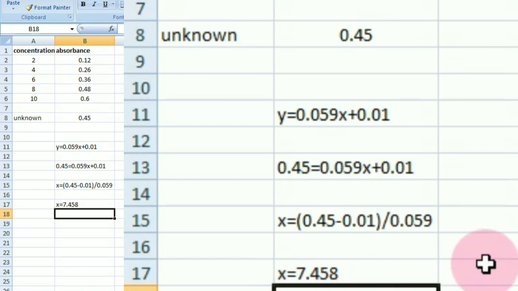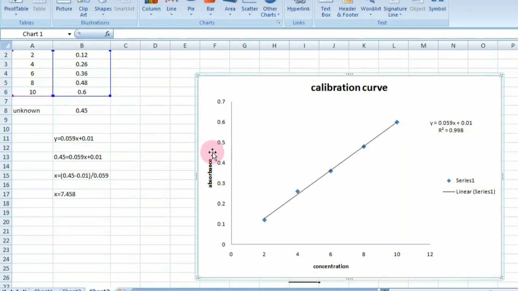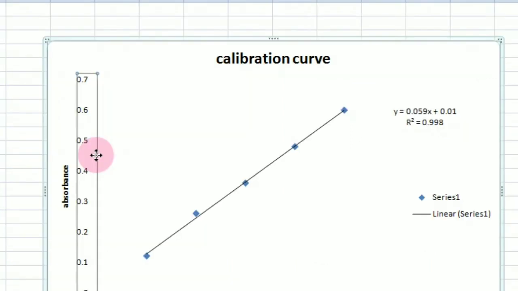Another method of using this calibration curve to calculate the unknown concentration is to extrapolate a horizontal line in the graph. The unknown absorbance that we got is 0.45. Let me locate that 0.45 on the y-axis, and from there I have to draw a horizontal line.